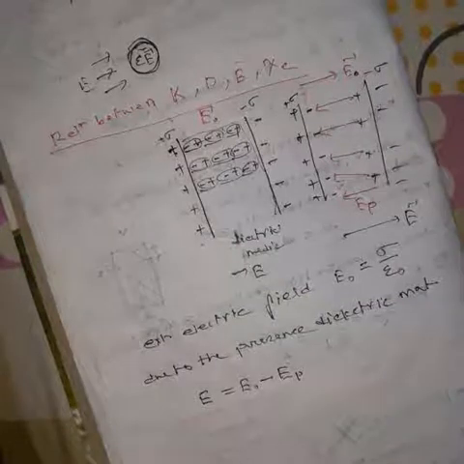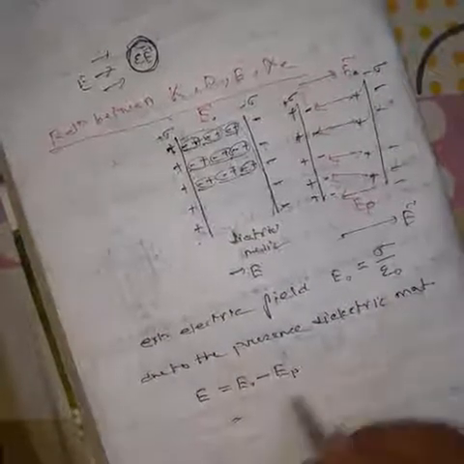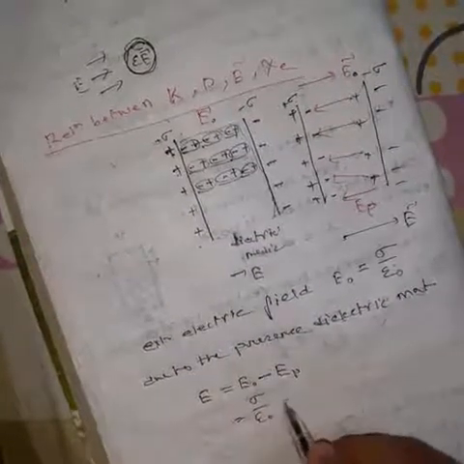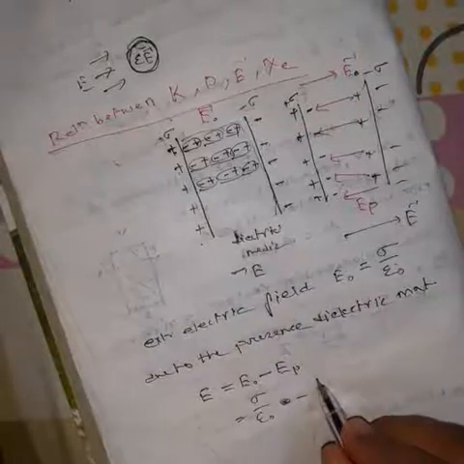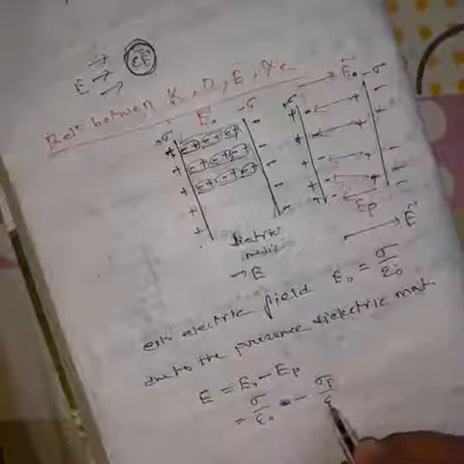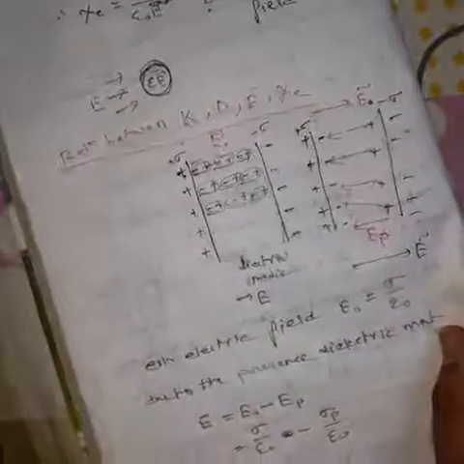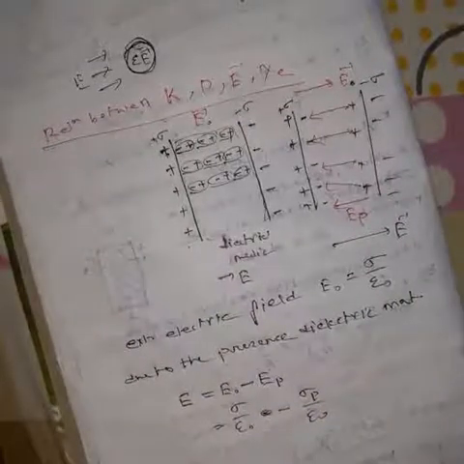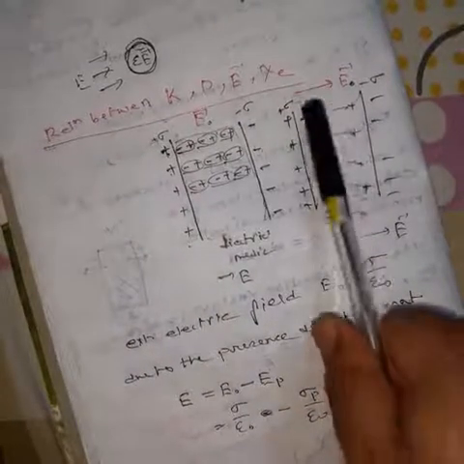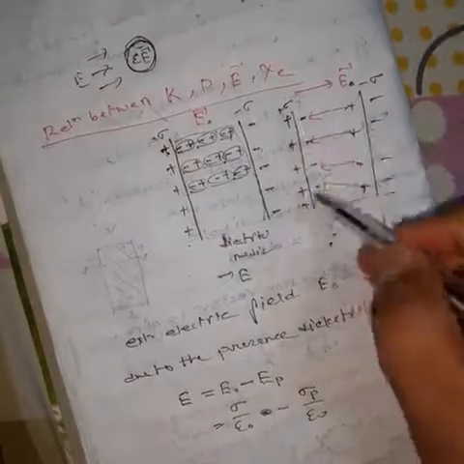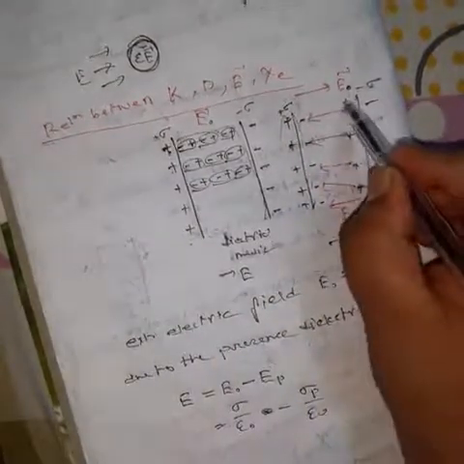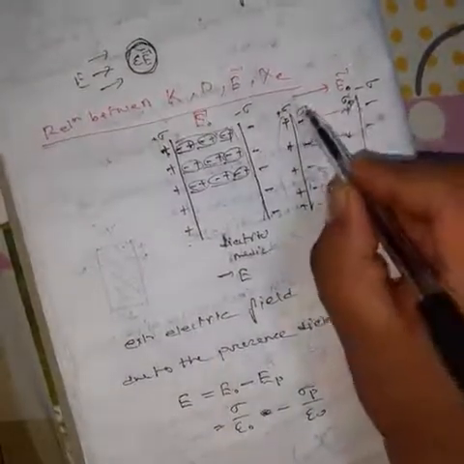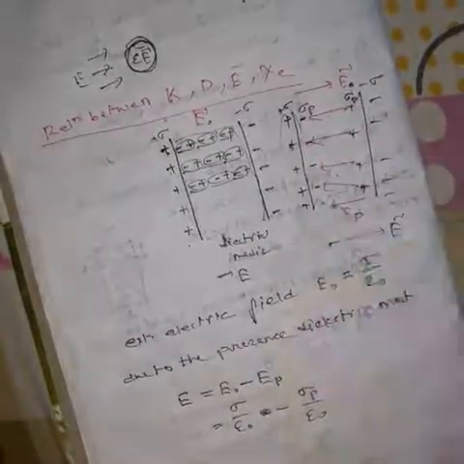And E0 I have as sigma by epsilon 0, minus EP is nothing but sigma P by epsilon 0. We have done that. So sigma P is the polarization due to this charge distribution. This is the sigma, this is the external one. You can call this sigma P, the internal one.